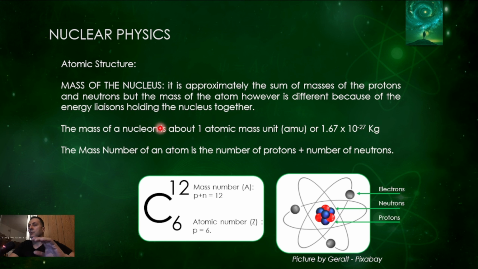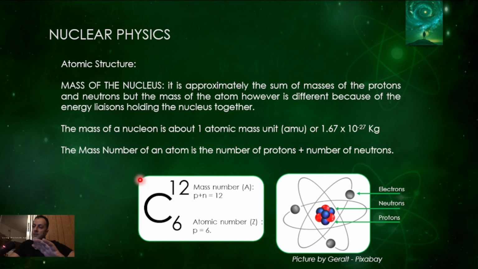By nucleon, we're referring to either a proton or a neutron. The nucleus is this clump of protons and neutrons, and any of them can be called a nucleon. Now, the mass number of the atom is the number of protons plus the number of neutrons. So let's back up a little bit.